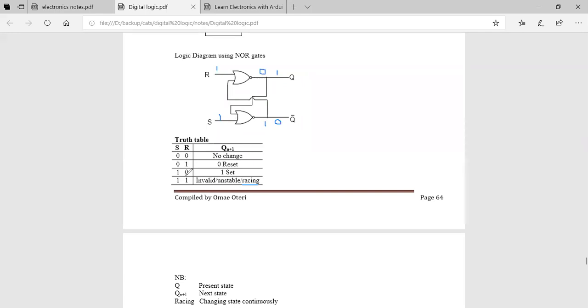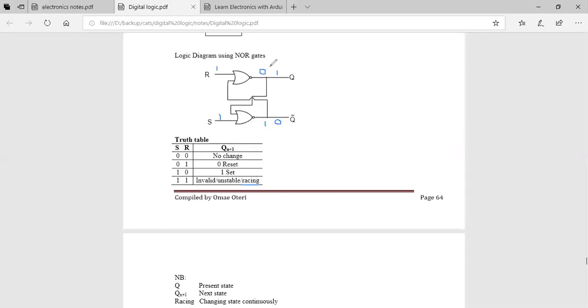The condition where we have S is 1 and R is 1. Because we know that this is supposed to be a 0 output, and therefore when this is 0, this is 1. And we also know that if we have a 1 here, this is supposed to be 0, and this is 1. You realize that the two states would want to be the output.